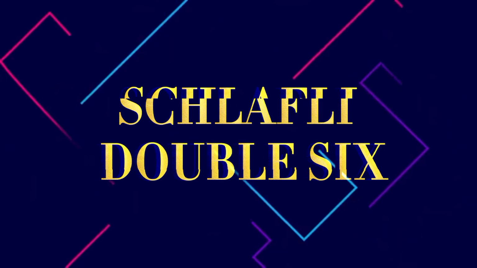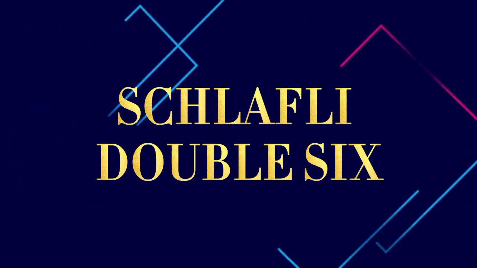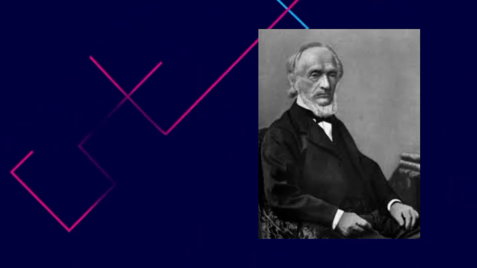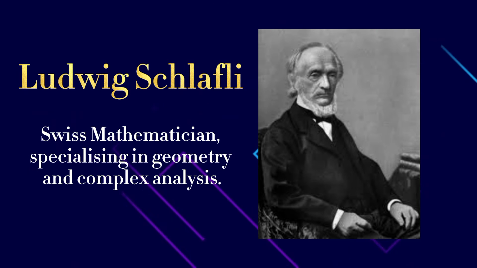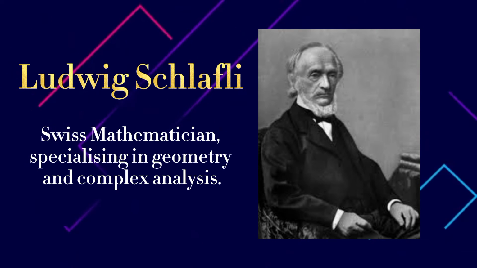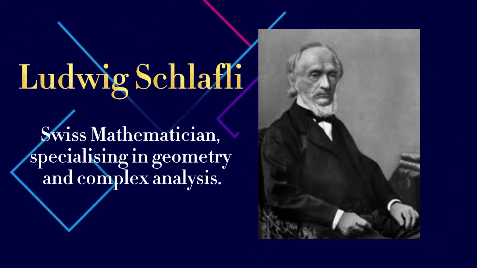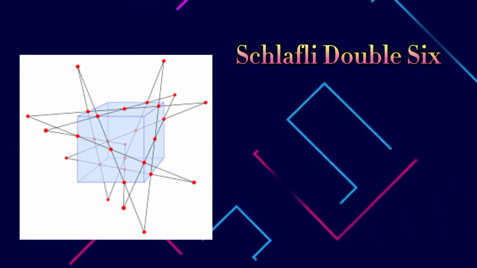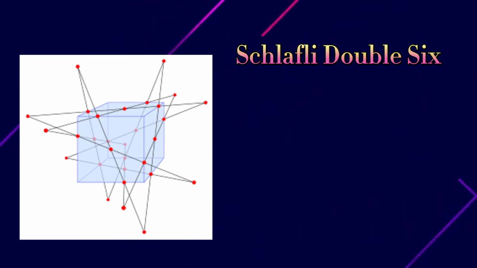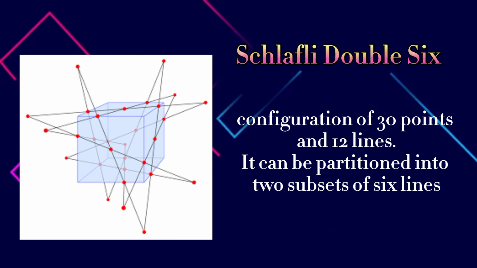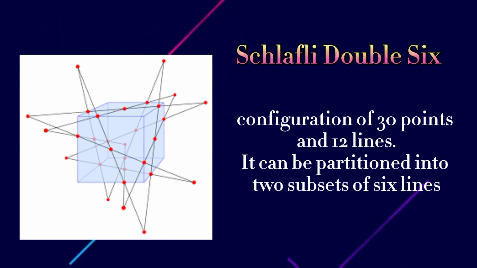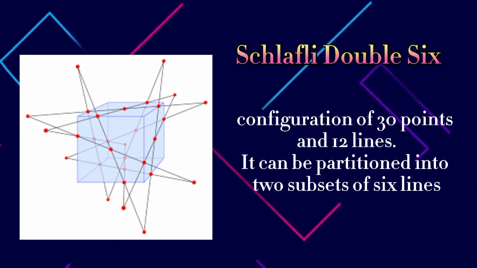The last configuration that we will discuss is the Schläfli double six. It was introduced by Ludwig Schläfli, a Swiss mathematician specializing in geometry and complex analysis. The Schläfli double six is a configuration of 30 points and 12 lines. The lines of the configuration can be partitioned into 2 subsets of 6 lines.